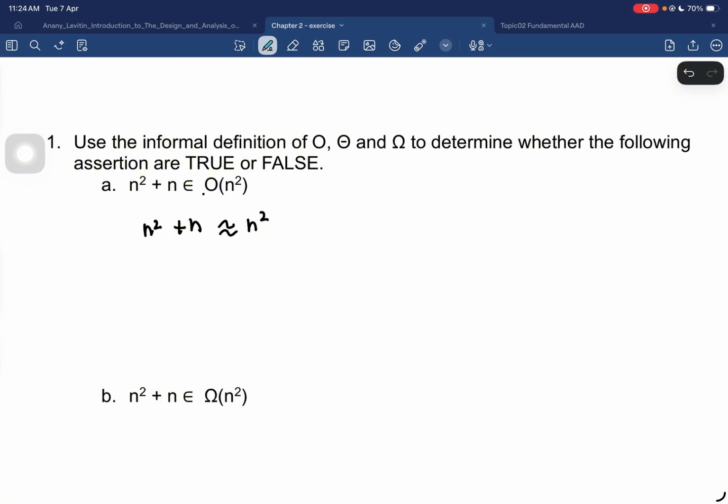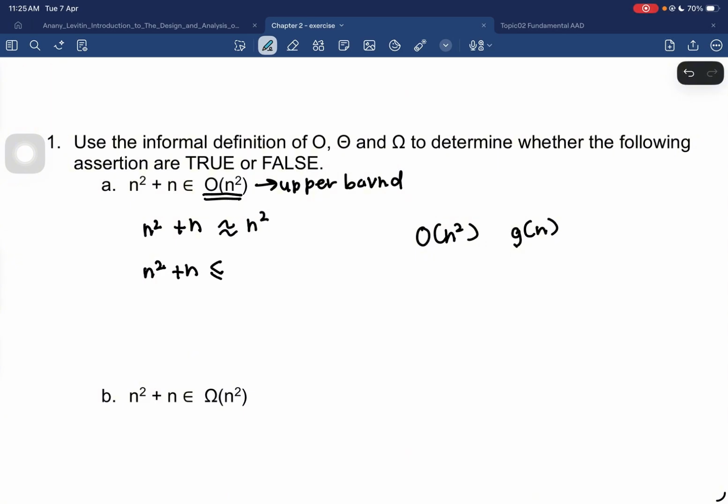Here we are comparing to big O. Big O is an upper bound, so everything needs to grow no faster than g(n). Here O(n square) is basically g(n).